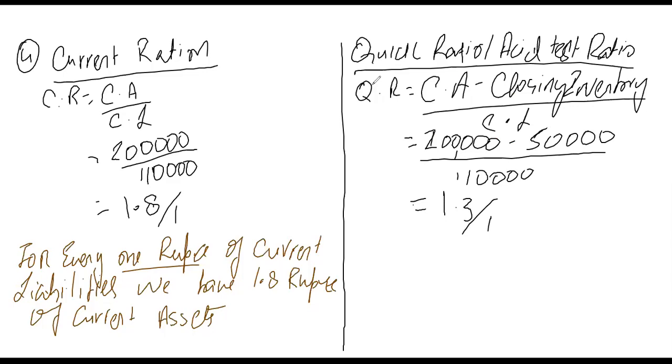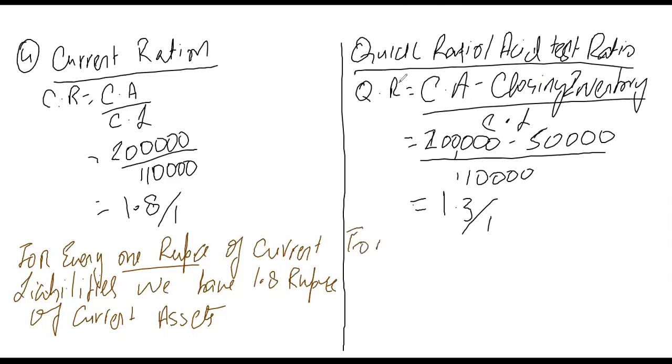These are among the most usable ratios in our current scenarios, and we generally use these two ratios while giving short-term loans, to find out whether giving a loan to such a company is viable or not. Always remember that we interpret these ratios from the denominator towards the numerator.